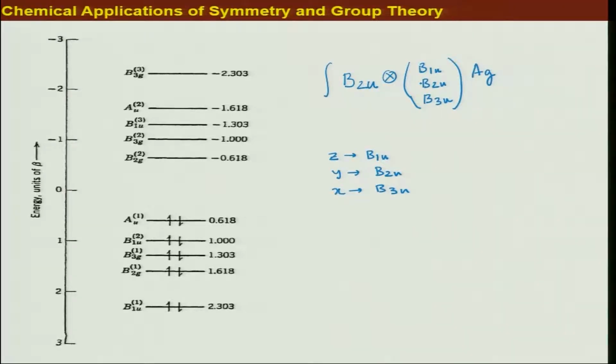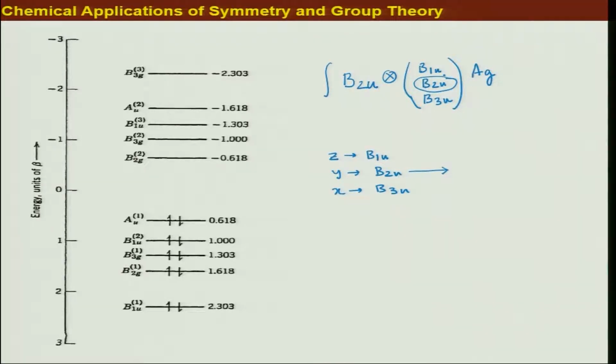That is also not going to give you the totally symmetric IR. So only the transition is allowed overall, and it is allowed in the y direction. Why? Because this B2U has y as its basis. So this particular transition will be y polarized.